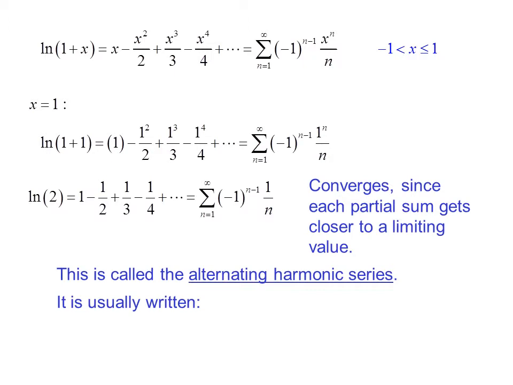It is usually written 1 minus 1 half plus 1/3 minus 1/4 equals the summation from n equals 1 to infinity of negative 1 to the n minus 1 times 1 over n. I might add that if you're not convinced that this series converges, we will learn in a few days a rule for convergent alternating series, which will convince you.